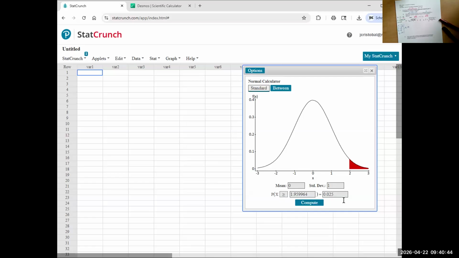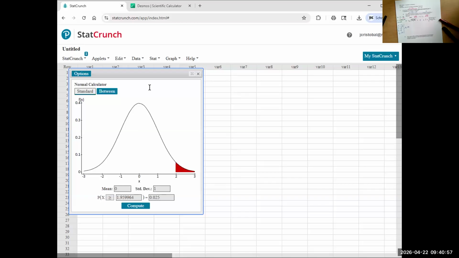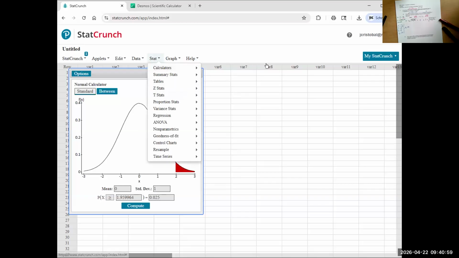Okay. And so when we go into our formula, we can write that all out. But while we have StatCrunch here, we could move this over. We can do these calculations for the confidence interval right away. So now in StatCrunch, we're going to do proportion stats.